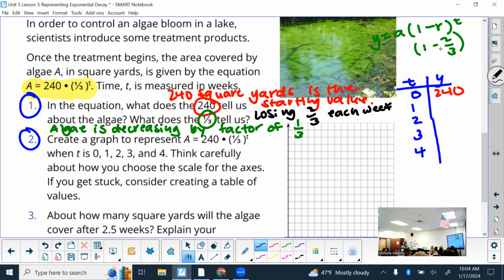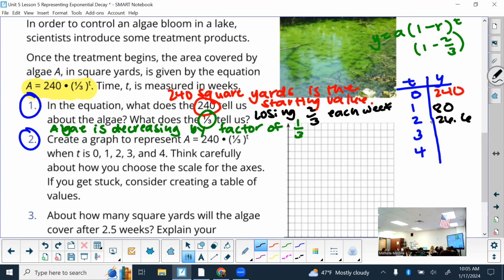Table 7. What is my output when the T is 1? 80. Table 8, what's my output when the T is 2? Approximately 26.6. I'll check if the rounding is right in a second.